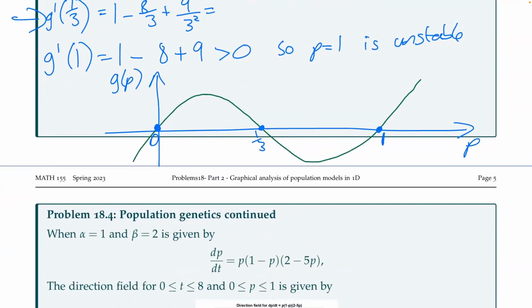Our gradient was positive, which means that we move to the right here, the left here, the left here, and the right here. So remember, when that green curve is above the axis, we move to the right. When it's below the axis, we move to the left. So that means that this is unstable, this is stable, and this is unstable.